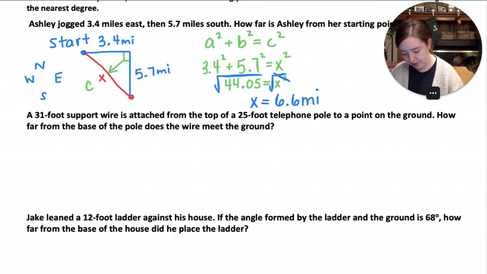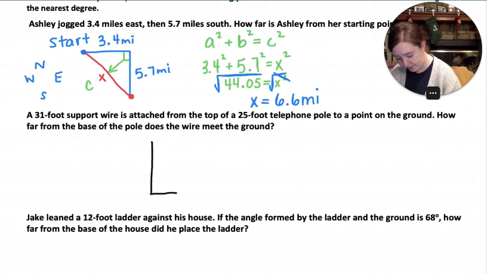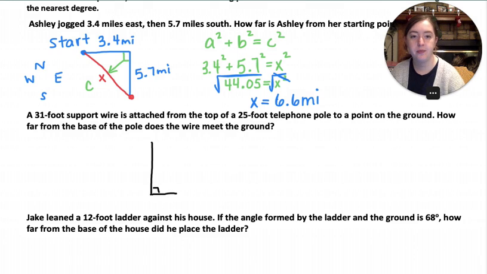Okay, so let's first draw our telephone pole. Telephone poles usually make a right angle with the ground. They tell me that telephone pole is 25 feet.